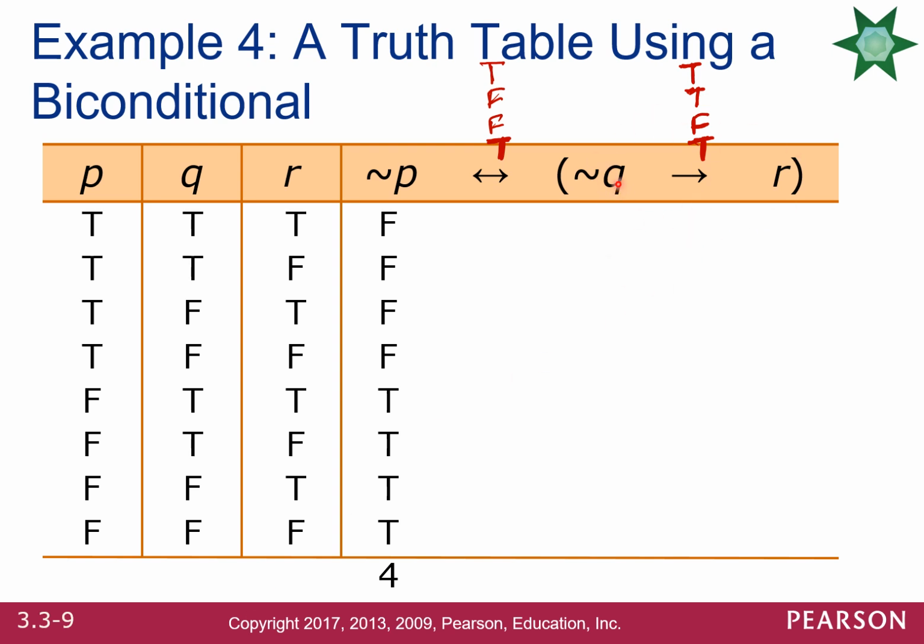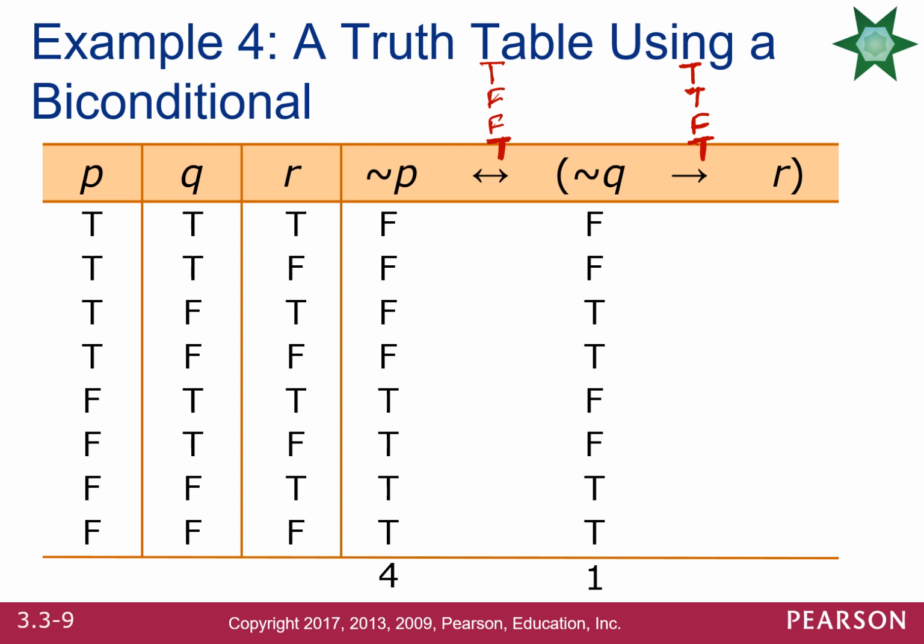So not Q. This time for the Q values, we have to negate them. So all the T's would become F's and all the F's would become T's, correct? So let's pull up those values, and that would be step 1. You see over here at the bottom, number 1 came up, so that's really step 1. So it should be F, F, T, T, F, F, and then T, T, T, T. All right.